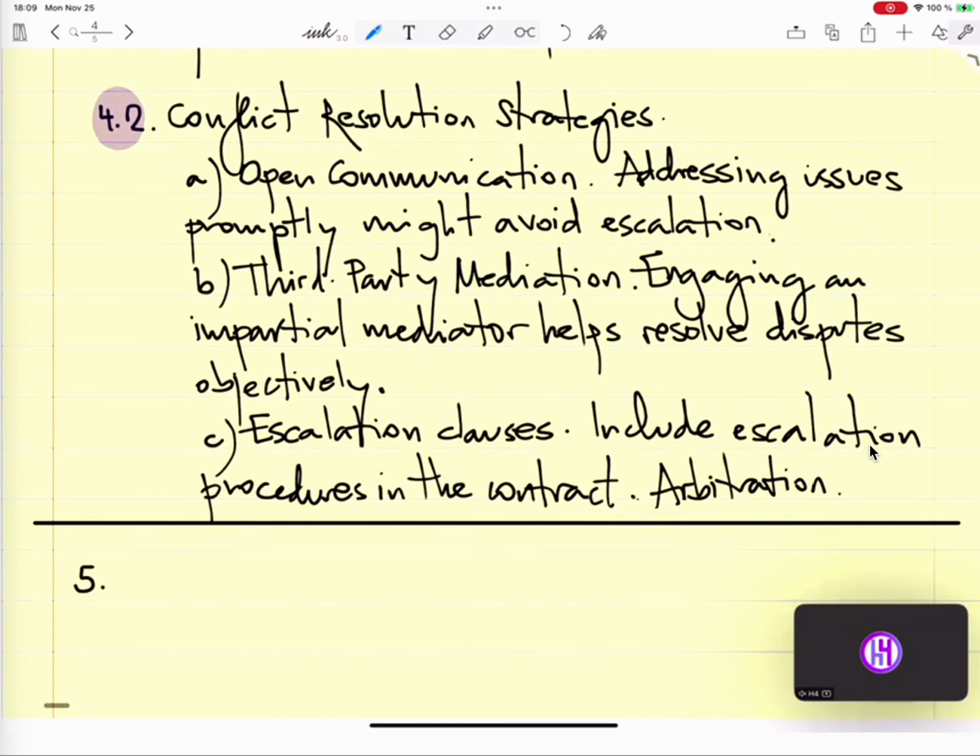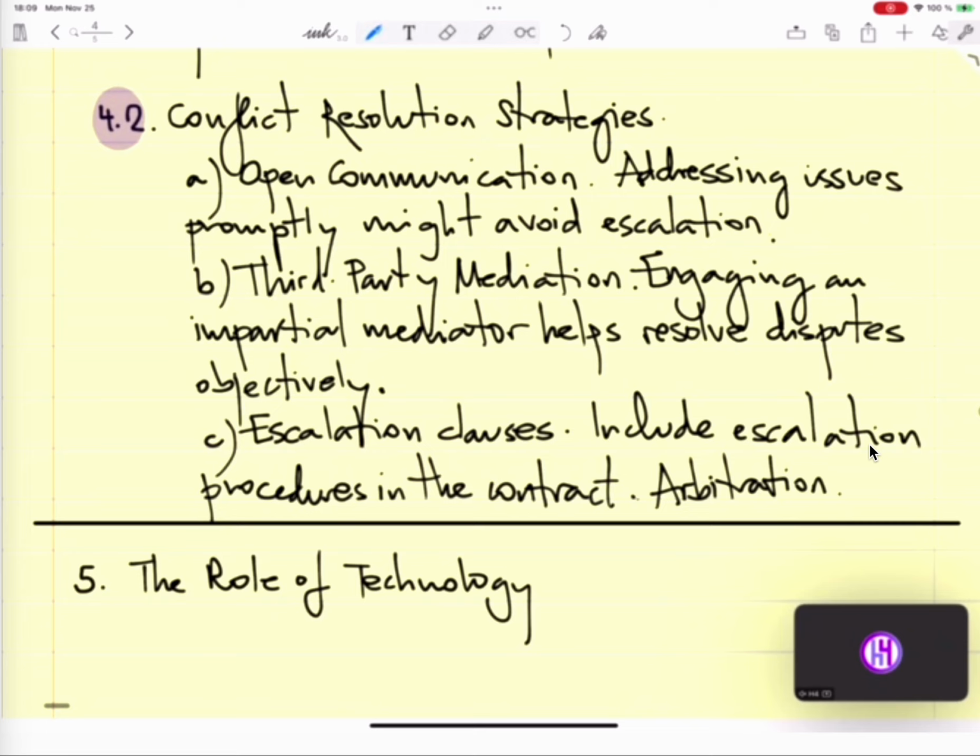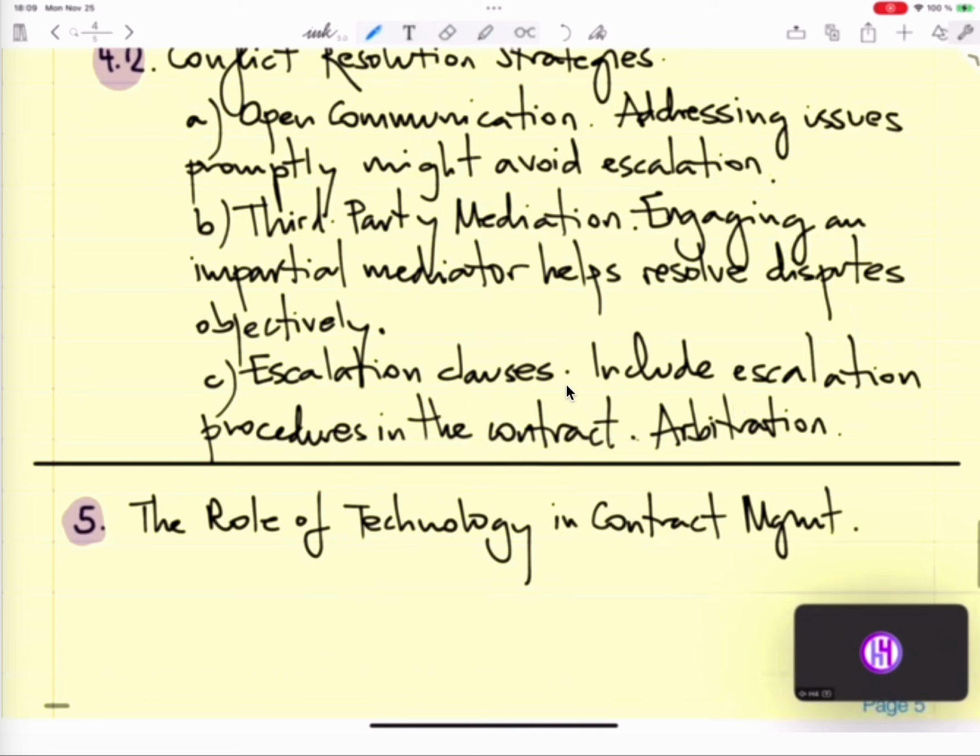So the last point from today's lecture is the role of technology in contract management. Okay, so I know you're not very fond of this, but I mean, there is no way to avoid it.